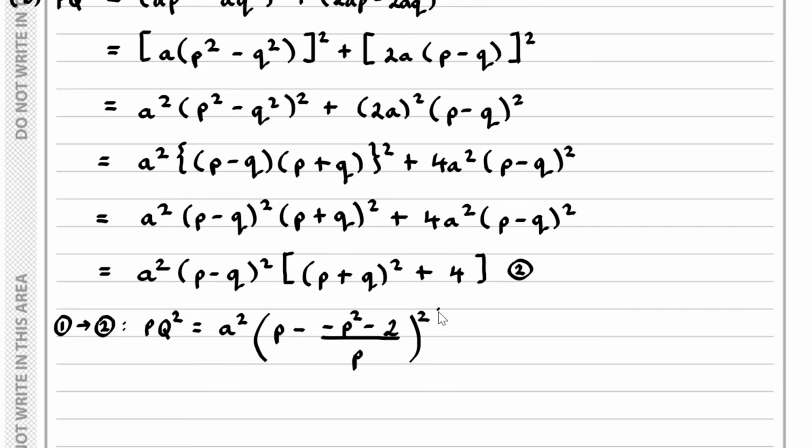And then if I open up a bigger bracket over here, we have p plus q, so that's p plus minus p squared minus 2 over p, all squared plus the 4.